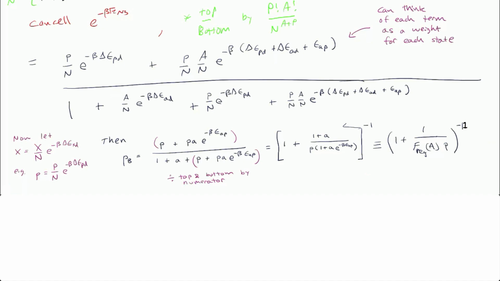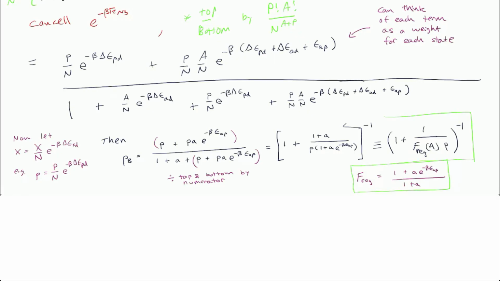Let's call it F sub reg, which is a function of the activators present, and it effectively modulates the number of polymerase molecules present, increasing them, in fact, because you can see that for favorable AP binding, F reg is bigger than 1. Okay, and here I'm just writing out the expression for F reg explicitly.